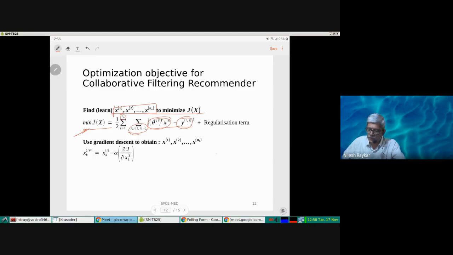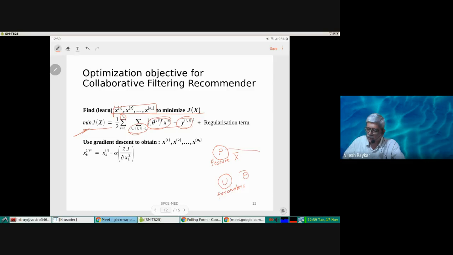In this case, we have seen two approaches. In the first case, the product features are known. There are features for the product, which we define as X bar, and there are users who have their user parameters, which are nothing but their interest, which we call theta bar.